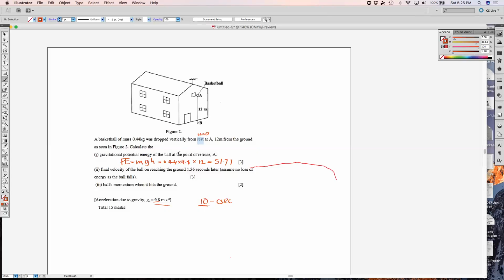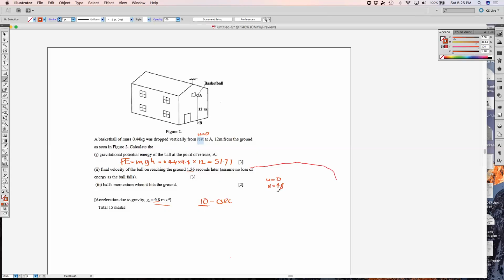Right. Next, you have to calculate the final velocity of the ball on reaching the ground 1.56 seconds later. Now, in this question, we have the initial velocity u, which was 0. We know the acceleration is 9.8.